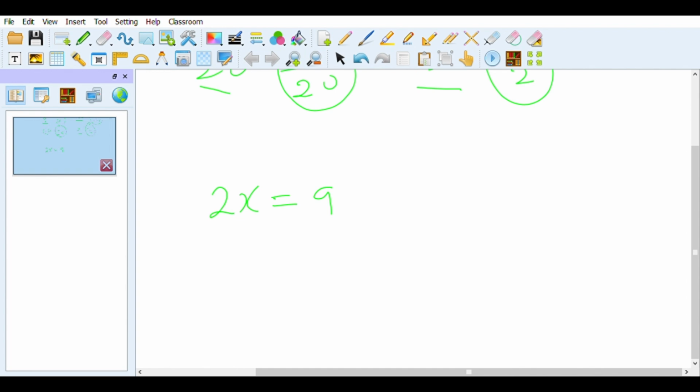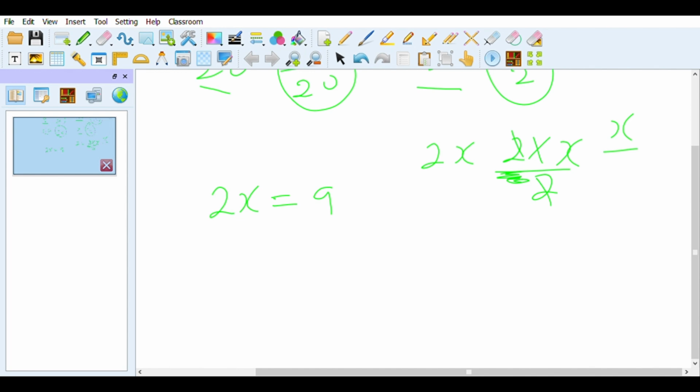In this case, we cannot say minus 2 or plus 2, because when we say 2x, this means 2 times x. So how do we remove 2? We need to divide this by 2. When we divide it, we'll have 1, and then we'll have x. That will be 1x. So the only way for us to remove 2 when the 2 is multiplying the x is by dividing 2x by 2.